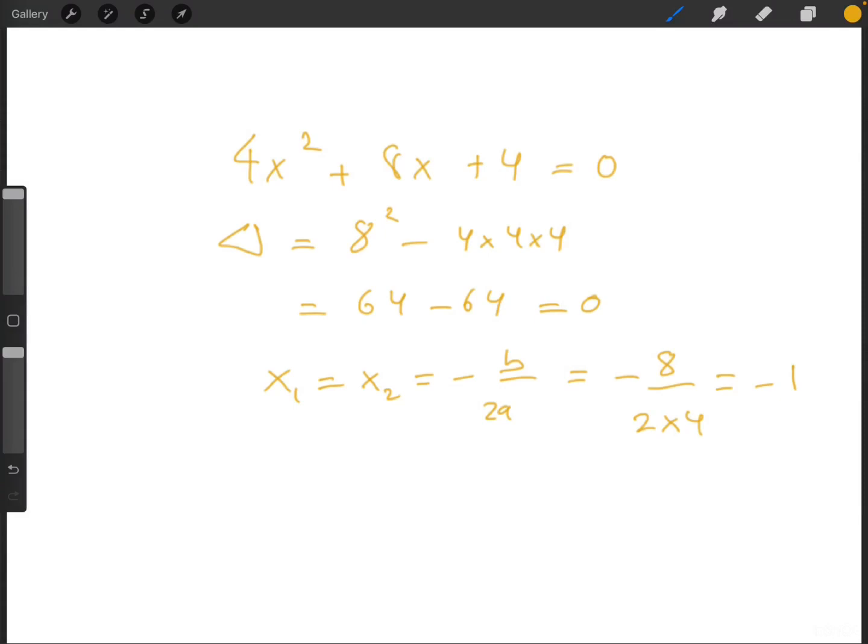So we apply the formula. a is 4, x minus x1 is x minus negative 1, which is x plus 1, and x minus x2 is x plus 1, or we can write it as 4 times (x plus 1) squared.